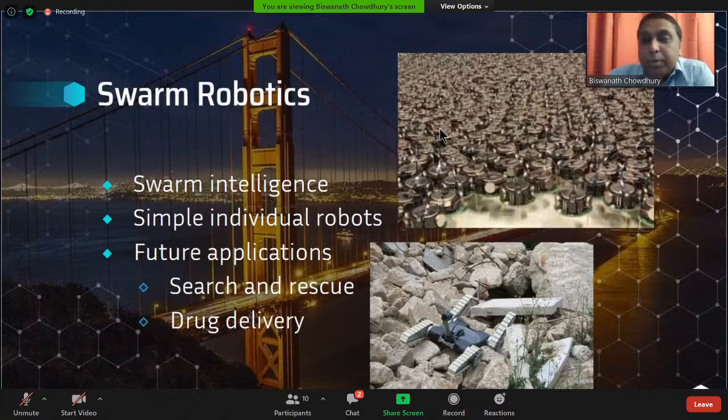For example, you can use a swarm of drones to map out an area, or after a hurricane or a storm, find people, or assess the damage caused by the storm. So I think they have great potential, and this is a relatively new field.